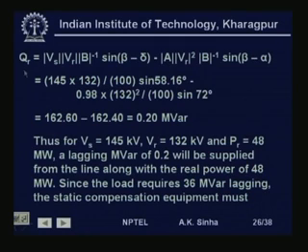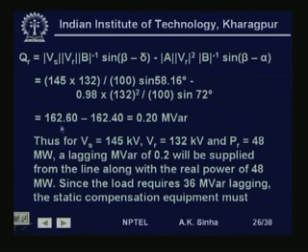Now, we know Q r is equal to V s V r divided by B into sin of beta minus delta, minus A V r square divided by B into sin of beta minus alpha. So, substituting the values, we get Q r is equal to 145 into 132 divided by 100 into sin 58.16, this is beta minus delta, minus 0.98 into V r square, 132 square, divided by 100 into sin 72 degrees.